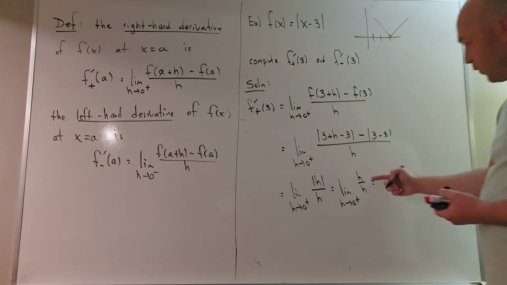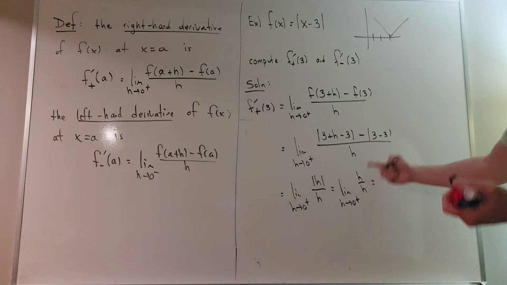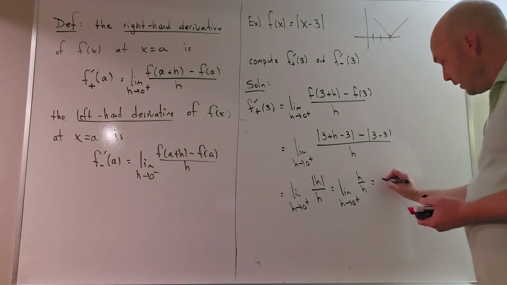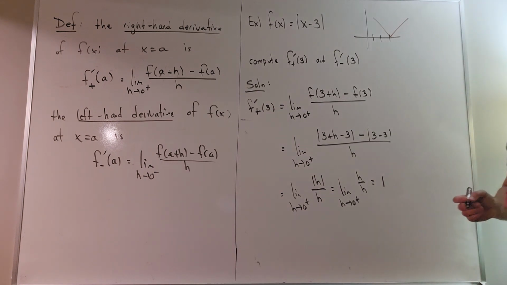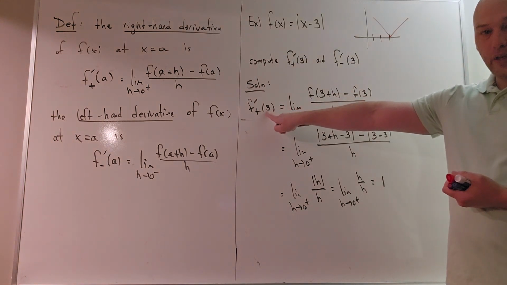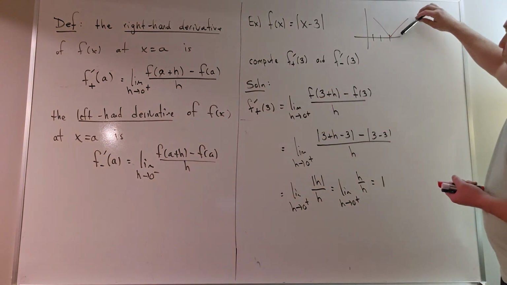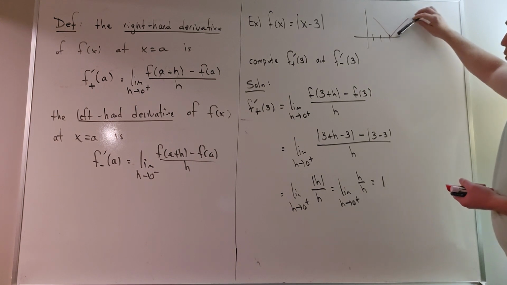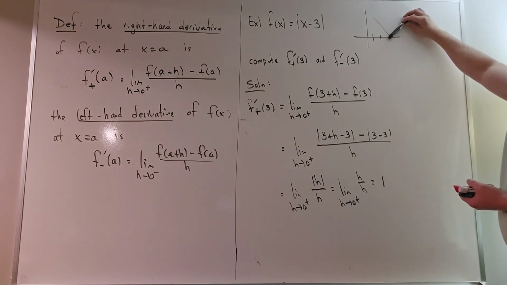And of course, h over h is 1. The limit of a constant is that constant, and therefore the limit is 1. That means, conceptually, if I look at this graph, at this point x equal to 3, the slope from the right is 1, and that matches our graph here. The slope here is 1.